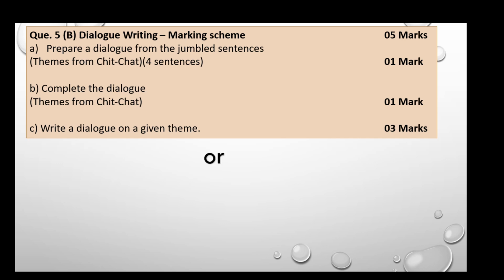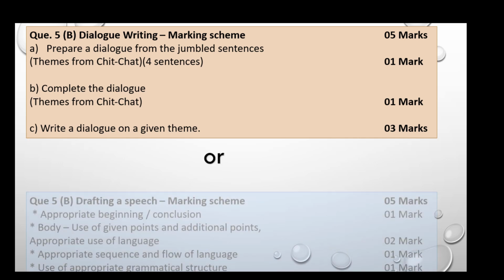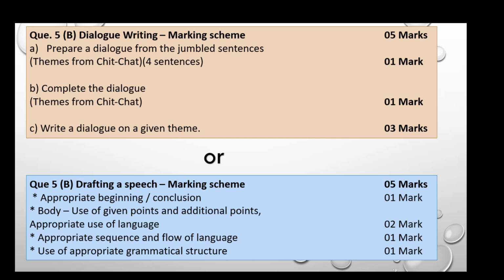There is an optional question 5B, drafting a speech. Marking scheme of drafting a speech is appropriate beginning or conclusion 1 mark, body, use of given points and additional points, appropriate use of language for 2 marks, appropriate sequence and flow of language 1 mark, use of appropriate grammatical structure for 1 mark.